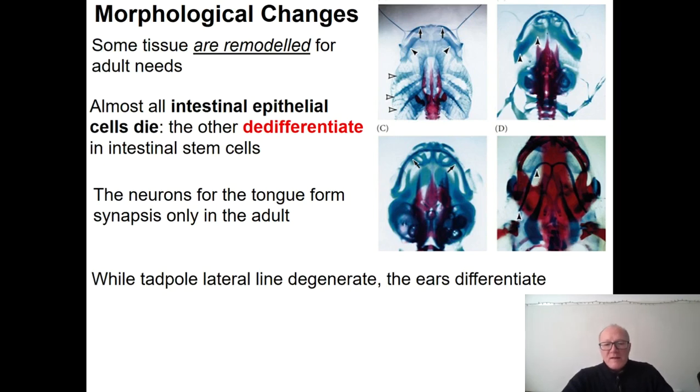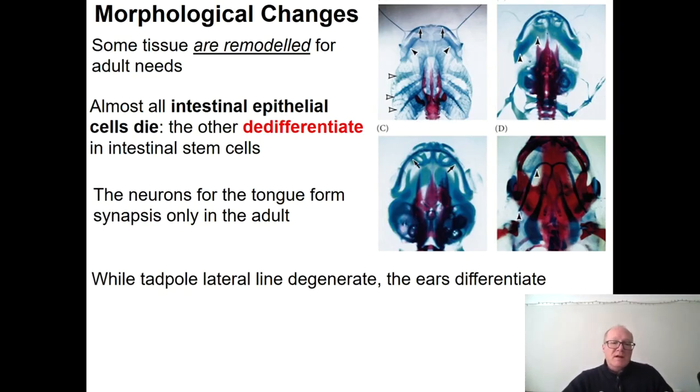Another interesting thing is that, of course, tadpoles have a lateral line. Lateral lines are organs that are present in most fish along the two bilateral sides of the body, and these are organs that sense change in pressure of the water, so the fish knows if something is approaching from the side to perhaps eat them.